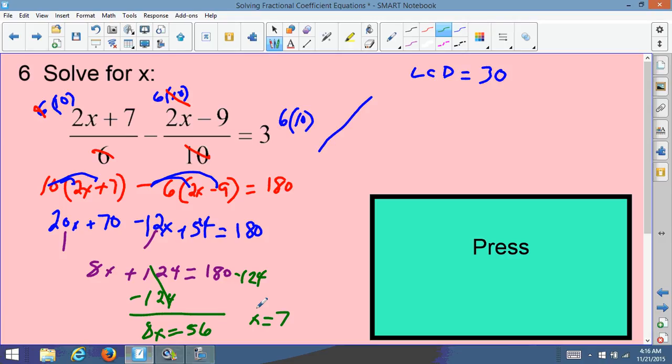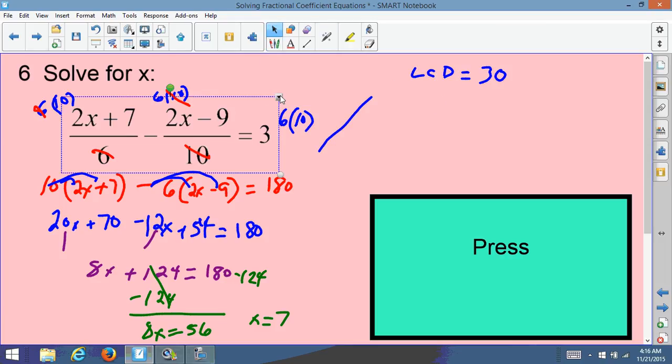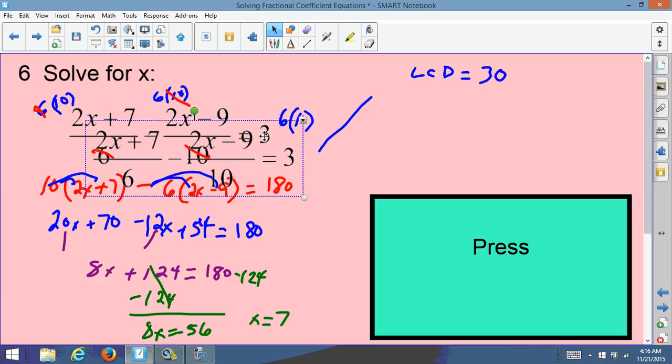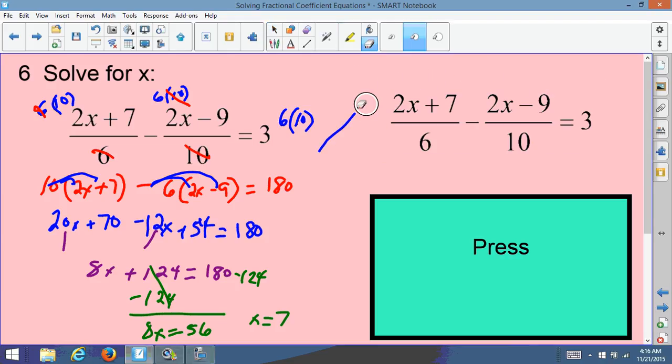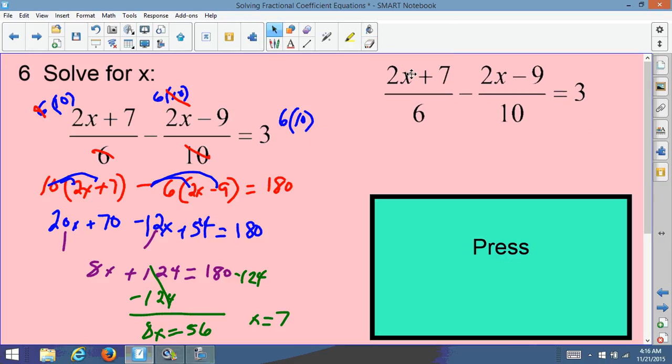So I can check that also. So let's see. Let's go over here. And let's first see if we can copy this again. Let's erase the L.C.D. We don't need that. So we got our equation, and we said x is equal to 7.